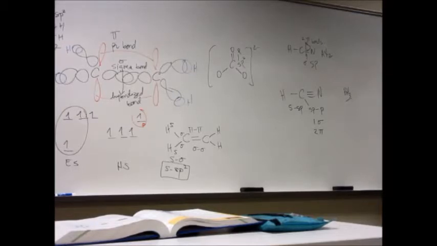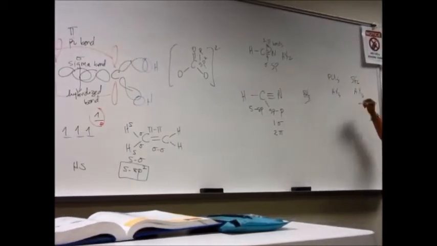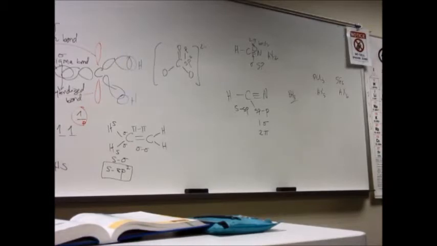So that's incomplete octet, but we didn't take more than 8 electrons here. But we know that we have molecules that have expanded shell, so for example, you have PCl5, you have SF6, which is AX5, and you also have AX6. You have these geometries as well available to you.